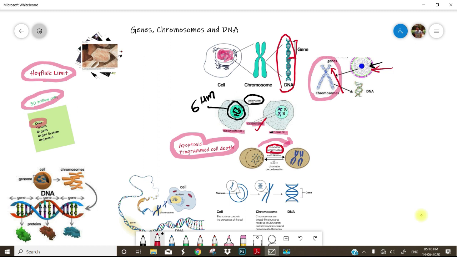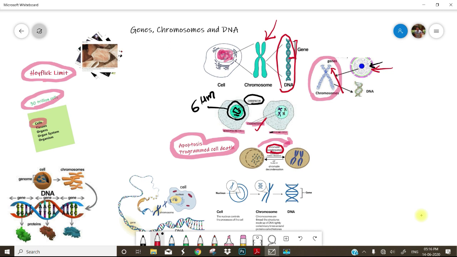And chromosome. Chromosome is a more condensed form of chromatin arranged in nucleosome structure, seen in the metaphase stage of a cell.